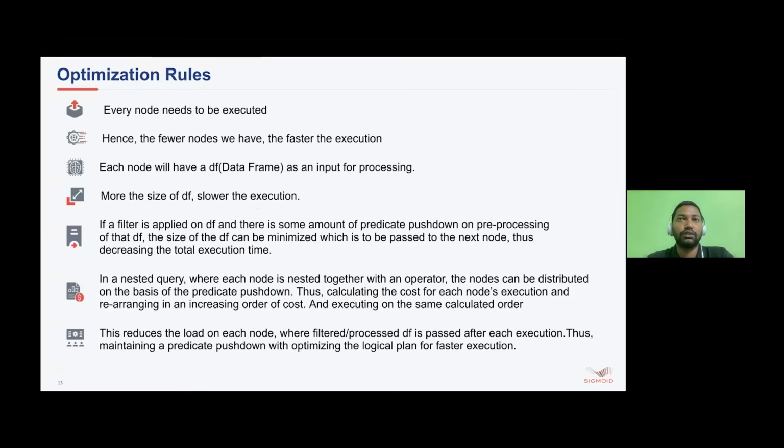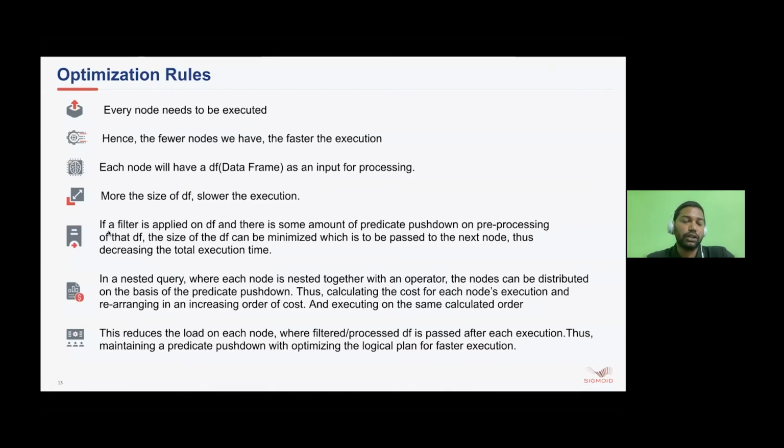If the nodes are large, then it will take a lot of time and a lot of resources. And each node will be passed a data frame as an input for processing. If the size of the data frame that is sent as an input is very large, it will slow the execution.